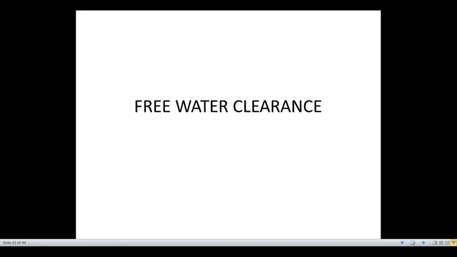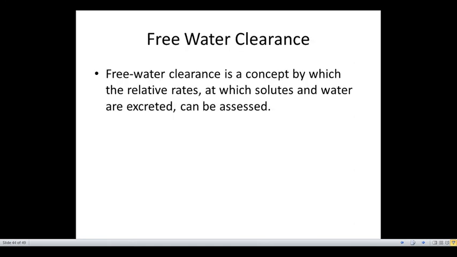Free water clearance. Free water clearance is a concept by which the relative rates at which solutes and water are excreted can be assessed. The relative rates of solute and water excretion.